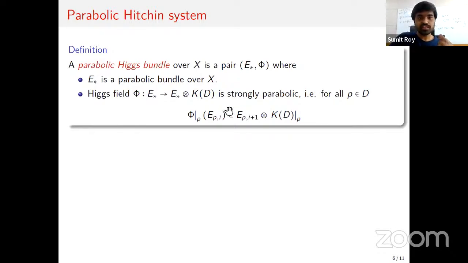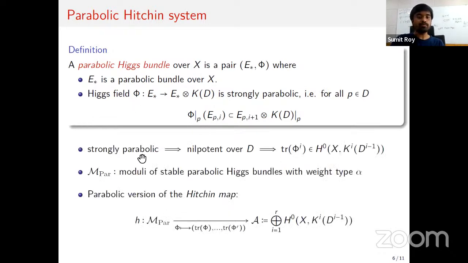It means that this φ restricted to P sends E_{P,i} to the next one, E_{P,i+1}. Okay. So in other words, this Higgs field φ is nilpotent over each point of D. So strongly parabolic means the Higgs field is nilpotent over D, and therefore the trace of φ^i vanishes at each point of D.